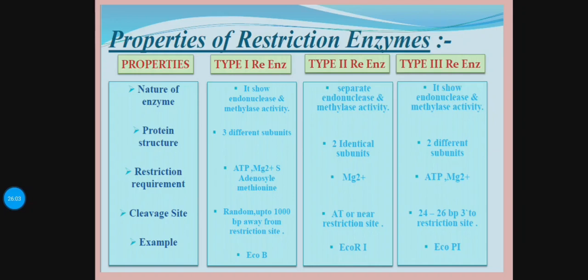For the cleavage site, type 1 cleaves up to 1000 base pair away from the restriction site, type 2 cuts DNA within the recognition sequence or just near it, while type 3 cuts DNA 24 to 26 base pair away from the restriction site. The examples are EcoB for type 1, EcoR1 for type 2, and EcoP1 for type 3.